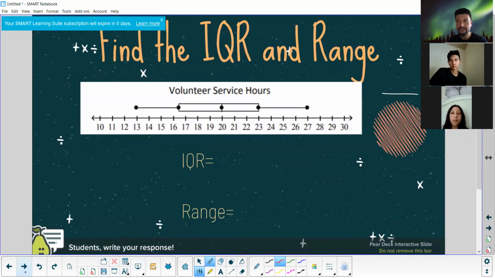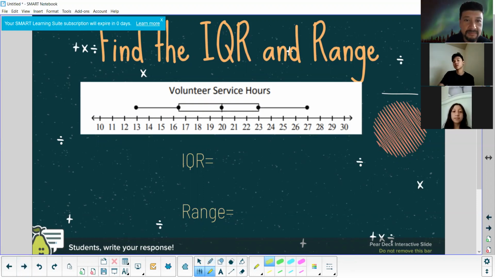Let's talk about these two right here. It says find the IQR and the range. So how would I find the IQR and the range? Any ideas? Oh, so the IQR, you just have to take the first quartile and the third quartile.